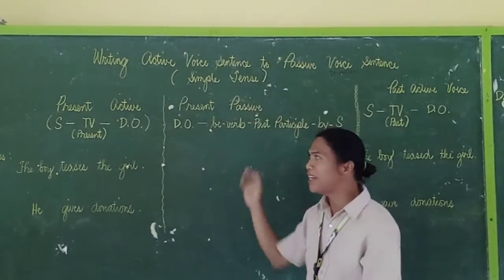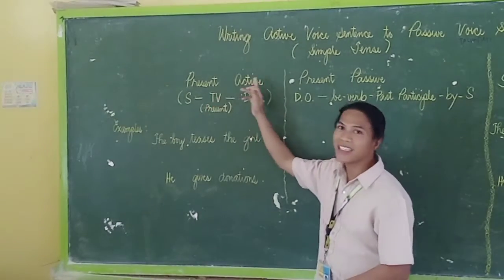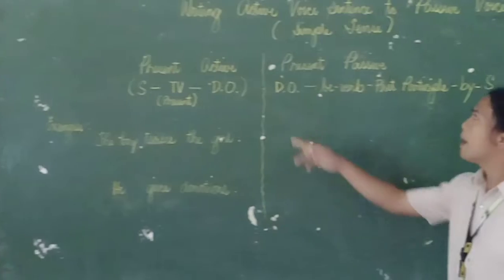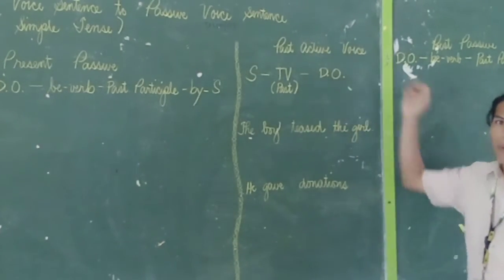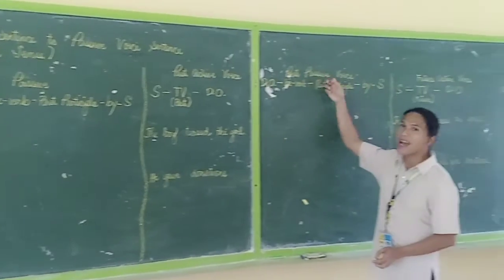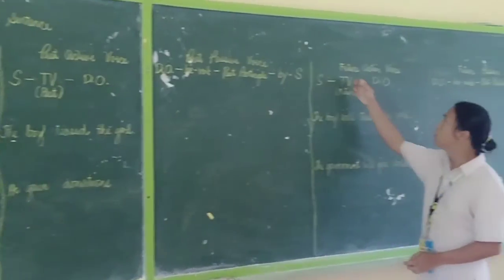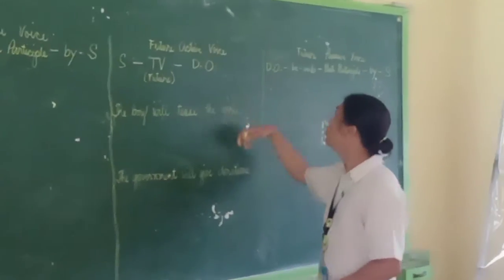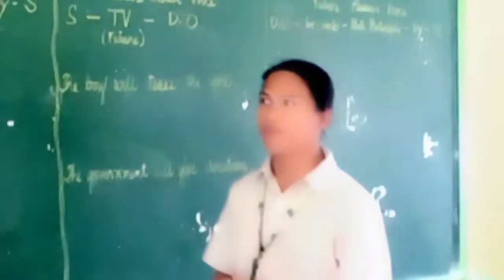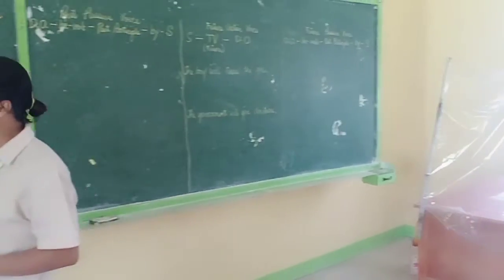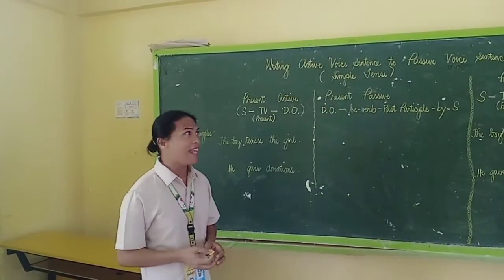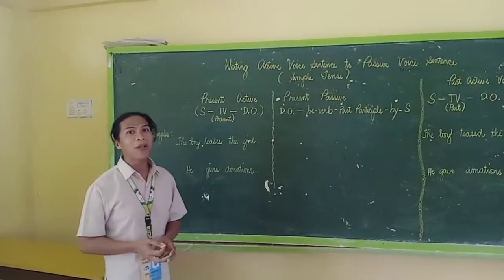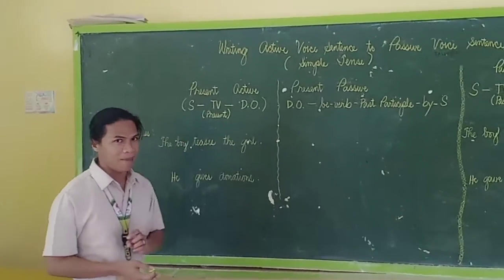So you will be learning present active voice writing to present passive voice, past active voice to past passive voice, and future active voice to future passive voice. Okay, let's start with the simple present tense.